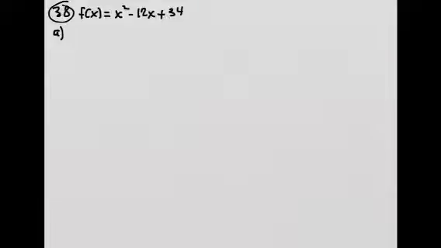Alright, for 38, they want you to find the zeros, write it as a product of linear factors, and then give the x-intercepts. Okay, so replace this with 0. This is again a quadratic that does not factor, so we're going to use the quadratic formula.